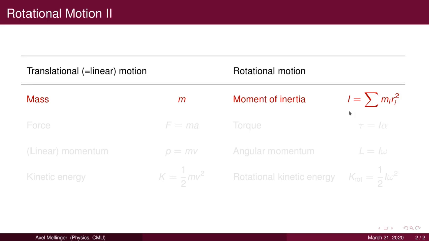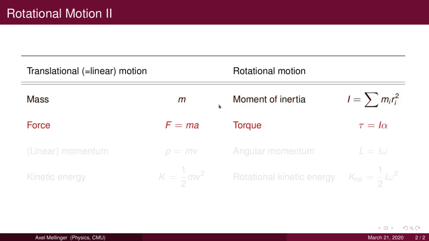So the quantity that's approximately the equivalent of mass in linear motion is the so-called moment of inertia. And that moment of inertia is calculated as a sum over all the masses in a system times the distances from the center squared.